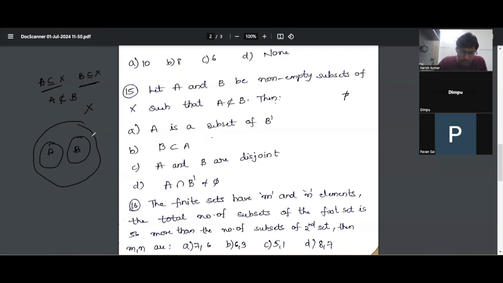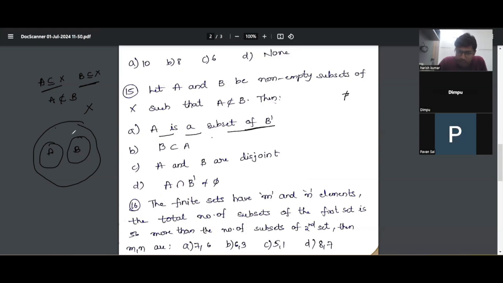Then can we say that A is a subset of B complement? B complement అంటే రిమైనింగ్ మొత్తం వచ్చేస్తుంది కదా, అందులో A ఉంటుందా? Yes, sir.